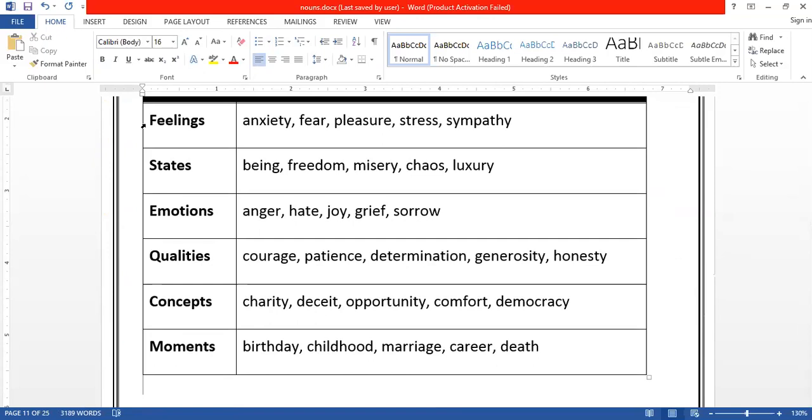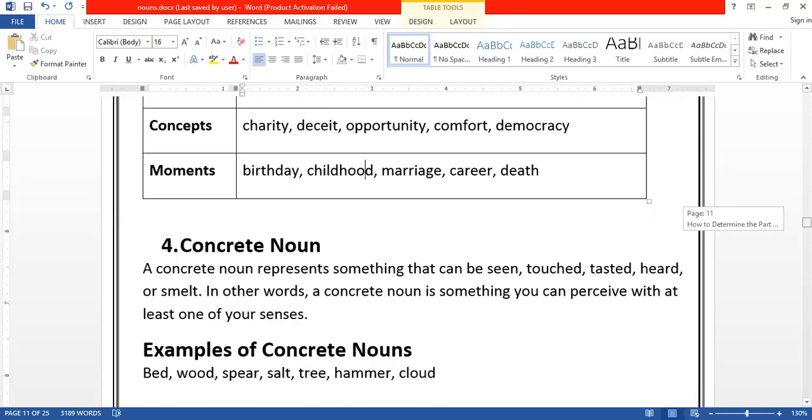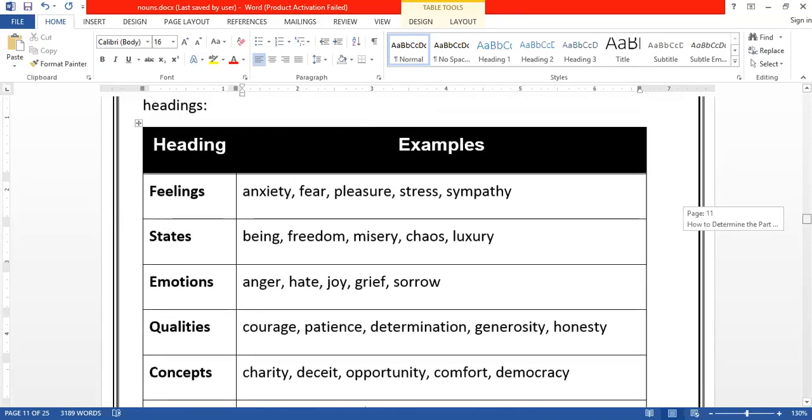We can have qualities: courage, patience, determination, generosity, honesty. We can have concepts: charity, etc. It also refers to moments like birthday, childhood, etc. So again, we call them abstract nouns.